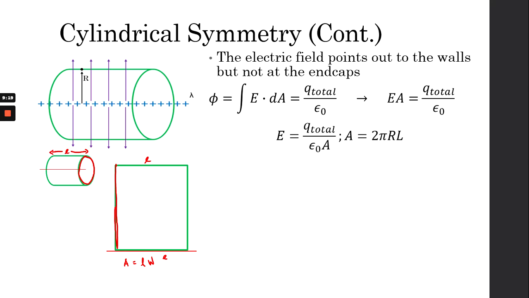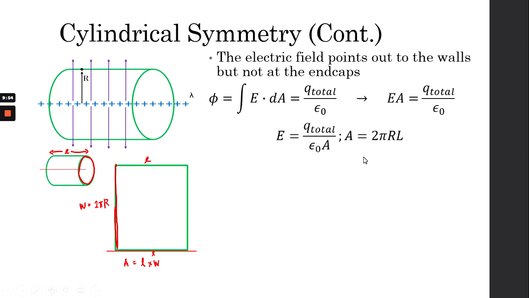So this is actually your L. This width right here is actually equal to 2 pi r. So if I want to take the area of this opened cylinder, the area would be length, which is that one, multiplied by width, which is equal to 2 pi r. So A is equal to 2 pi r L. That is the area for your cylinder.